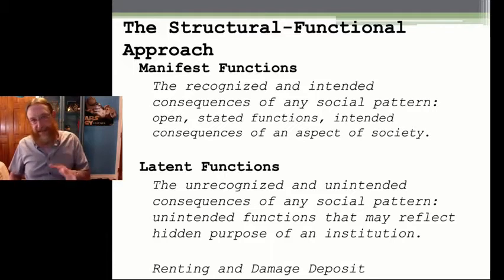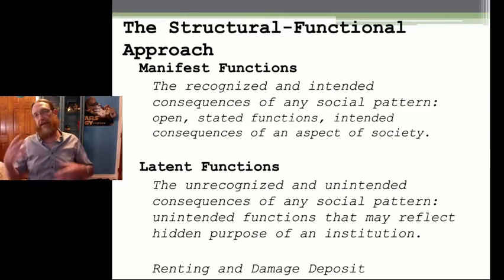But I would say the latent function of that might be the unintended or hidden thing is just to take your money, right? The carpet's dirty, the walls are a little bit dirty, but you're allowed legally to be within a certain range. But oftentimes people who are landlords tack on these things, and it just serves as a way really to invest your money for a number of years or however long you're renting, and then take your money at the end. A lot of people who rent never get that money back, right?